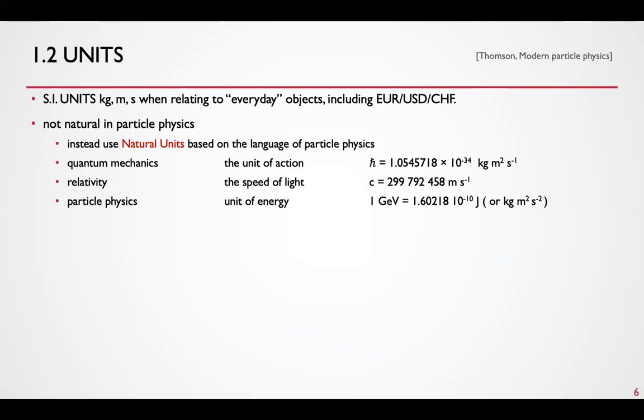Another thing of introduction, now we have the very general introduction. Now we need to discuss politics and units. Why do I say this together? Units, we have the SI units, kilogram, meter, and seconds, which we use when we relate to everyday objects. This includes the currency, euros or Swiss francs or whatever.